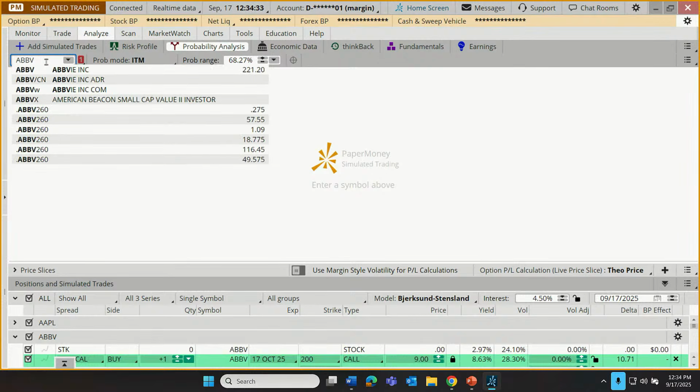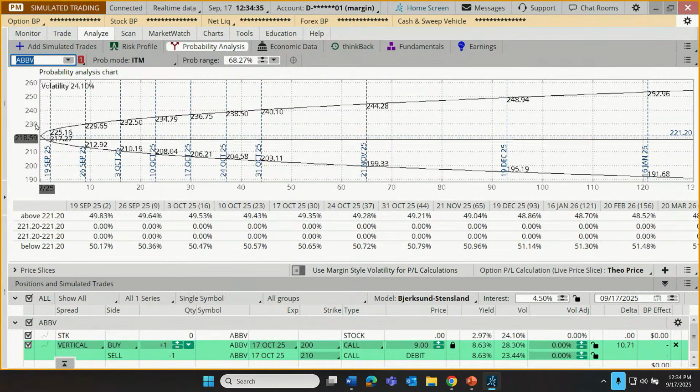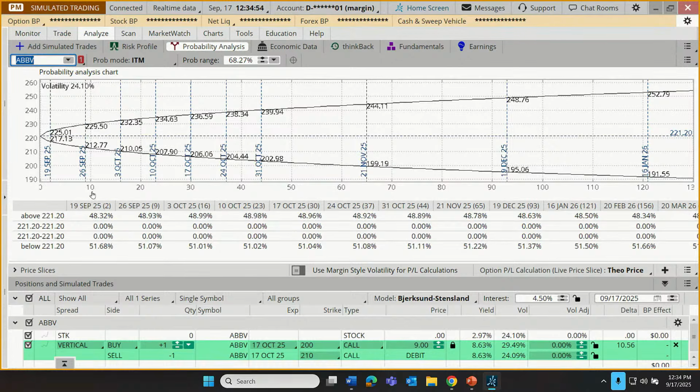So I'm going to type in our symbol for ABV. And what this tool does is it intersects price levels, starting with the current price. So right now we're just slightly above 220, and time increments. So starting from day 0, that's today, and moving out in 10-day increments. 10 days from now, 20 days from now, 30 days from now.